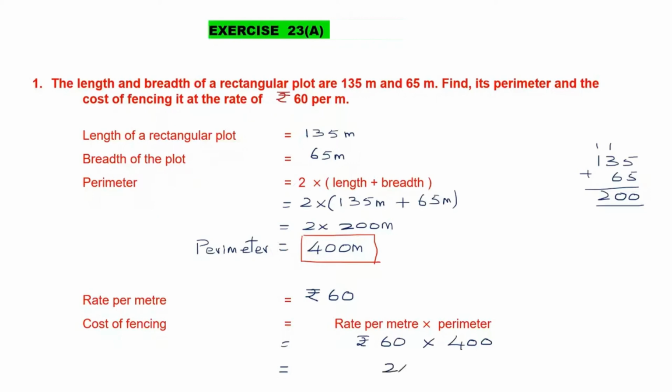So let's write 24 first and then count the number of zeros. 1, 2, 3. So we have 3 zeros. So let's put the 3 zeros there. That makes it 24,000, which is the cost of fencing. So we write 24,000 rupees. So we have found the second answer also. The second answer is 24,000 rupees, which is the cost of fencing the rectangular plot.